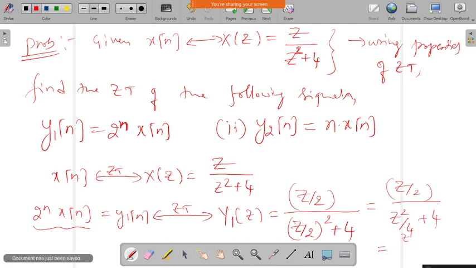That is z by 2 divided by z square plus 16 divided by 4, and this 2 and 2 will get cancelled. We are going to get 2z divided by z square plus 16. So y1 of z is nothing but 2z by z square plus 16. That is what you are going to get.